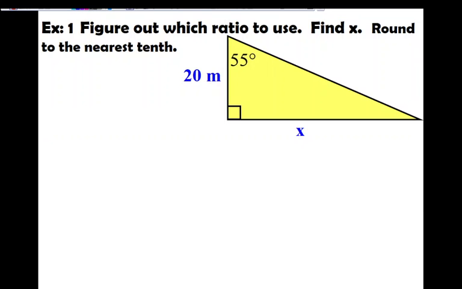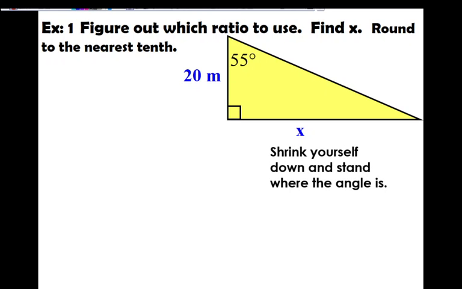Let's do an example. Real easy example. You first need to figure out which ratio to use. What I've always told my kids, I used to teach geometry, is think of it this way. Shrink yourself down and stand where the angle is. Say I'm standing right here where the 55 degree is. I'll be able to touch two sides of that triangle.